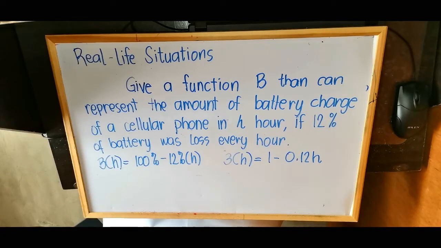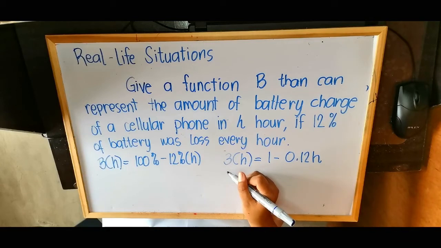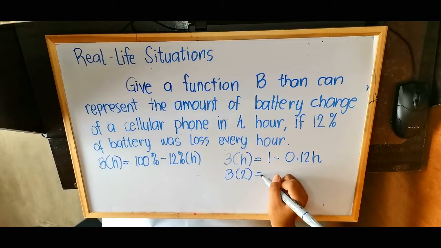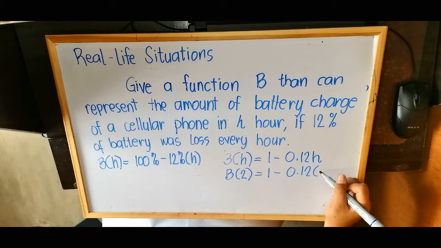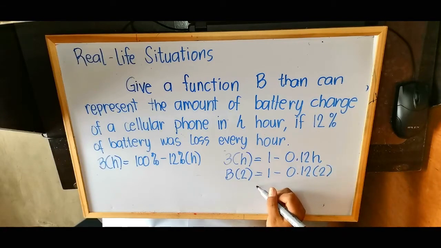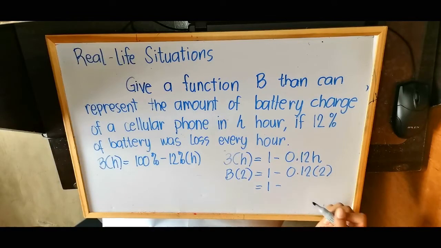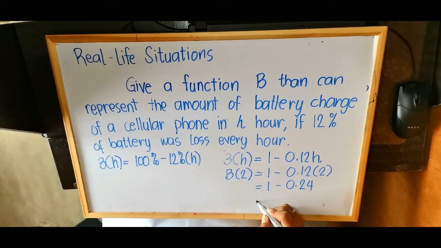So, let's say for example, kanina, ginamit nyo yung cellphone nyo for 2 hours. So, let's have b of 2 is equal to 1 minus 0.12 multiplied by 2. We have 1 minus 0.12 multiplied by 2 is 0.24. And 1 minus 0.24 is 0.76.